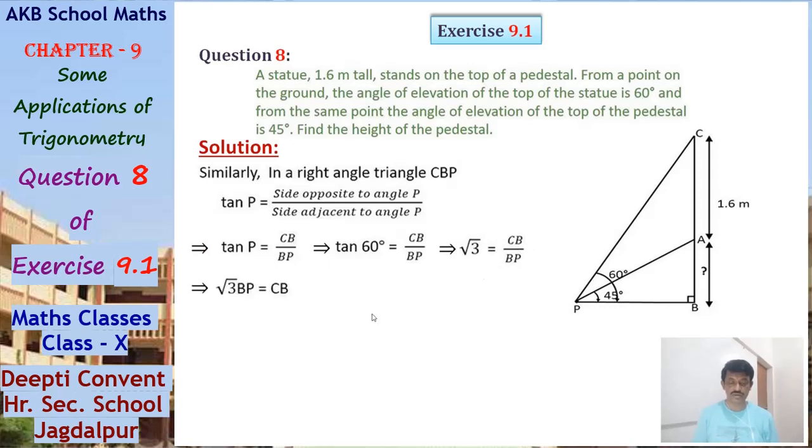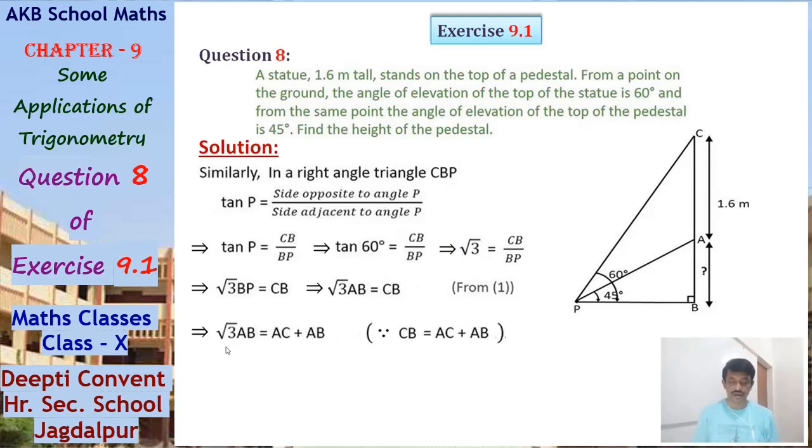So root 3 BP equals CB. From equation 1, BP equals AB, so CB equals root 3 AB.